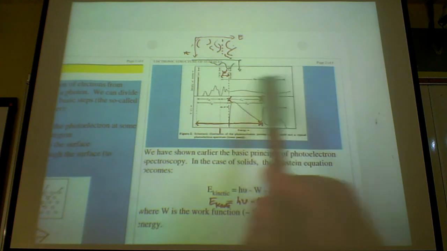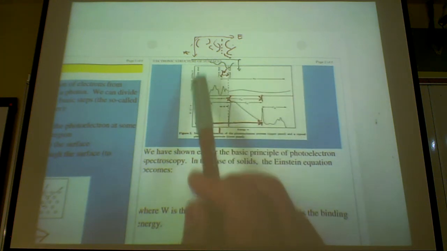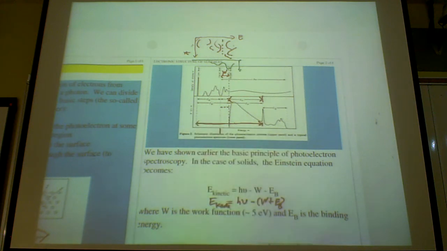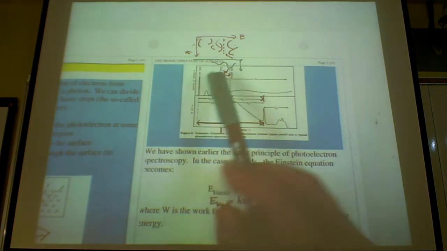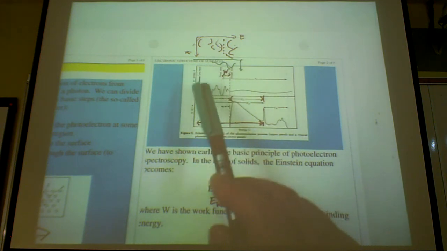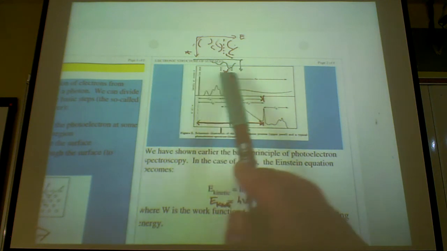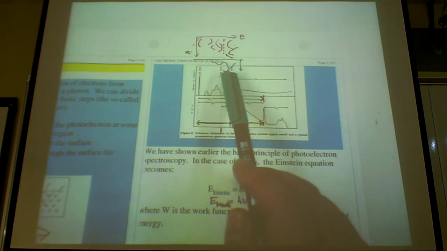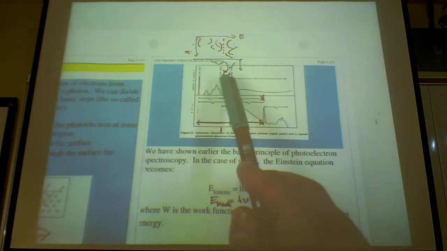Let's say I move this bar to this deep line here. What you can do is first move whatever electron you have in here to the vacuum level.